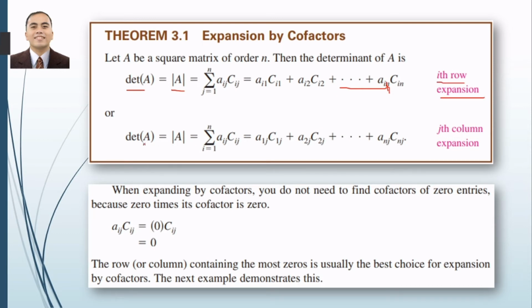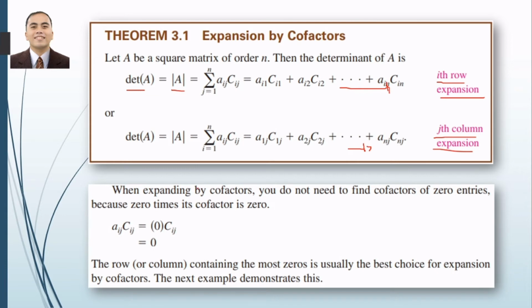There is also the jth column expansion. So we have the summation of A sub ij times C sub ij from i equals 1 to n, which is A sub 1j times C sub 1j plus A sub 2j times C sub 2j up to A sub nj times C sub nj.